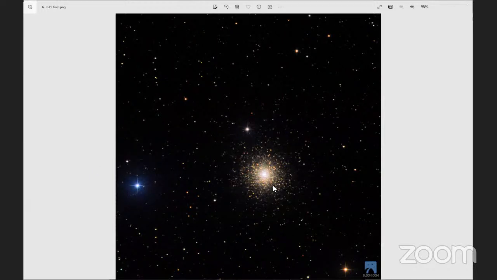So what else do we see here? These stars, again, very, very tight, dense core, maybe a black hole at the center, gravitationally bound. Now, I've heard it said that if you were on a planet in a globular cluster, which we don't really think can happen, because if you've got a situation where you've got suns that are a light year apart, planets would probably not be able to orbit either one of them.